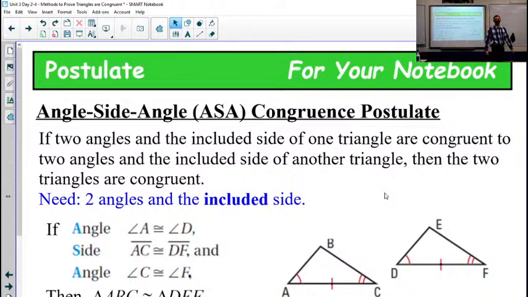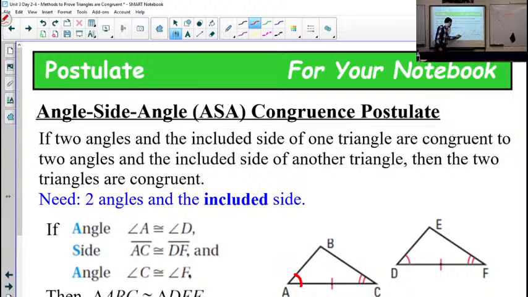Next, we have angle side angle, which is the same idea, just flipped around. So we had side angle side, SAS. Now we have ASA. This is the two angles and the side that's included between them. So again, if I look for the two angles, here are my two angles.